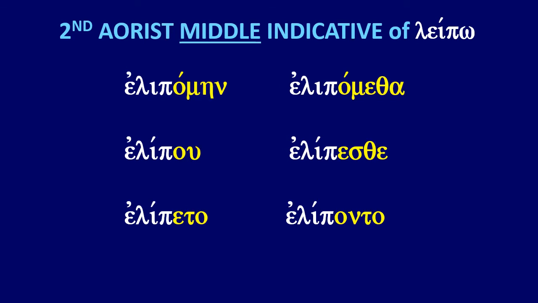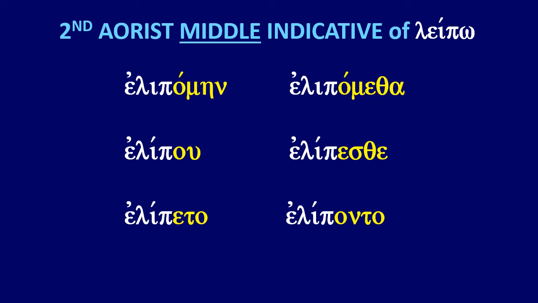Now here are the second aorist middle indicative forms of leipo, and just as we saw with the second aorist active indicative forms, they correspond with the imperfect tense forms that you've already learned. The same is going to be true here with the middle voice for second aorist indicative. So, for example, you're not having to learn any new connecting vowels or endings.